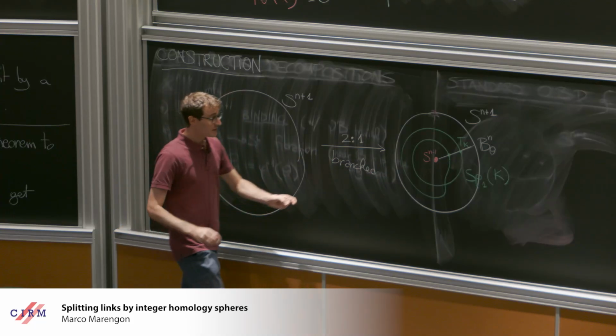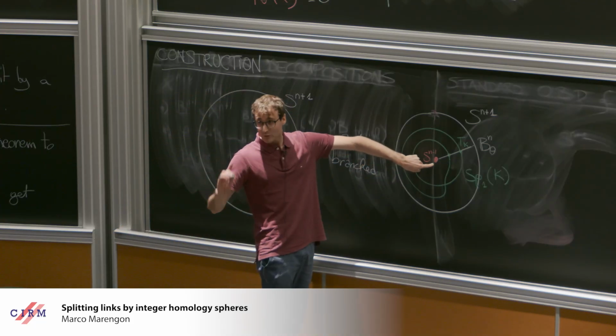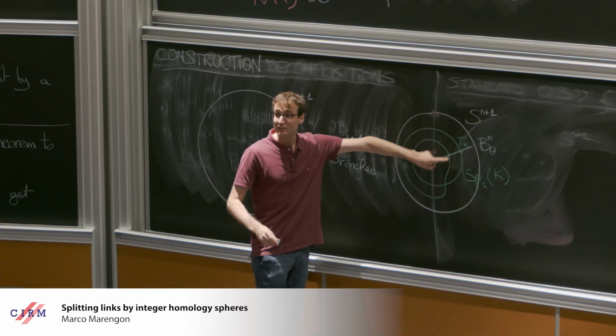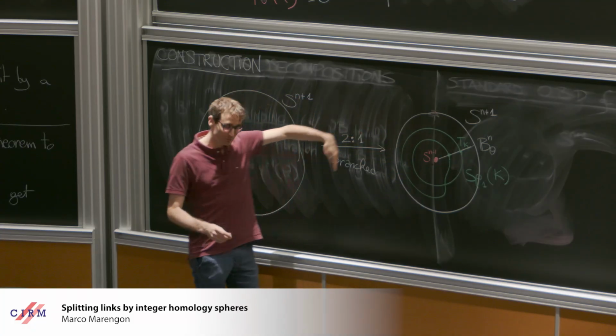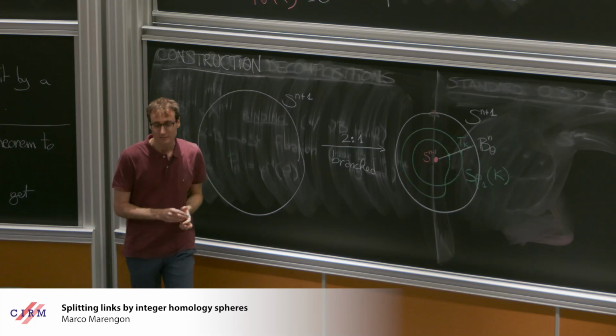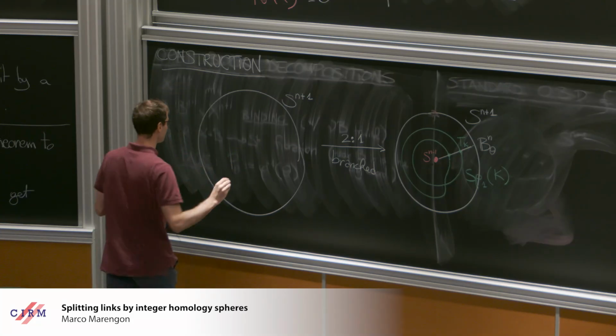So I'm going to start with the binding. Recall, we don't see it, but the tangle, this twist spun knot intersects the binding, and if you take the double branched cover of that, then you get again an S^{n-1}.